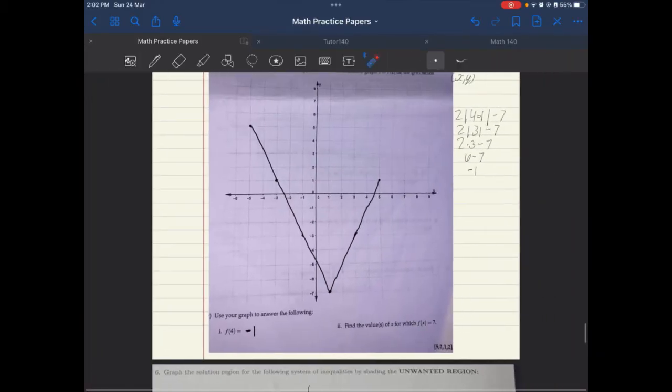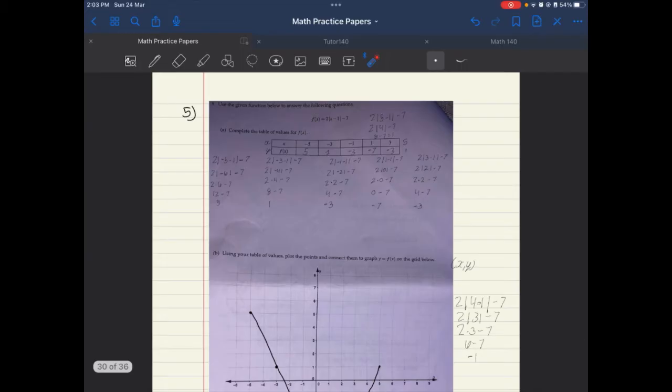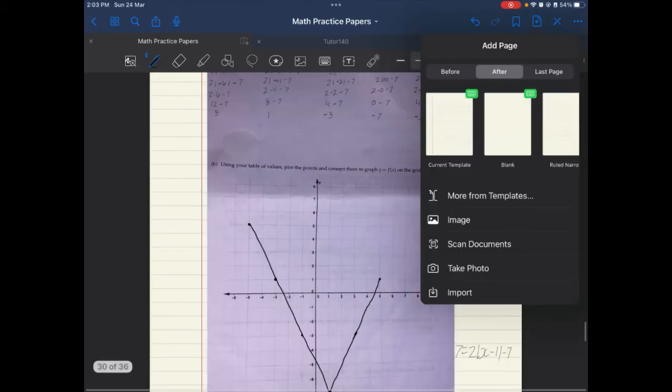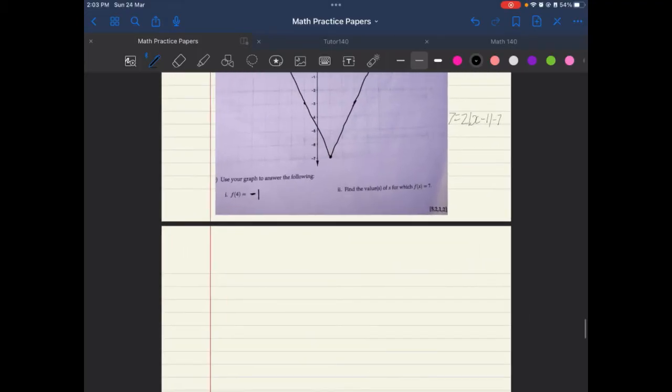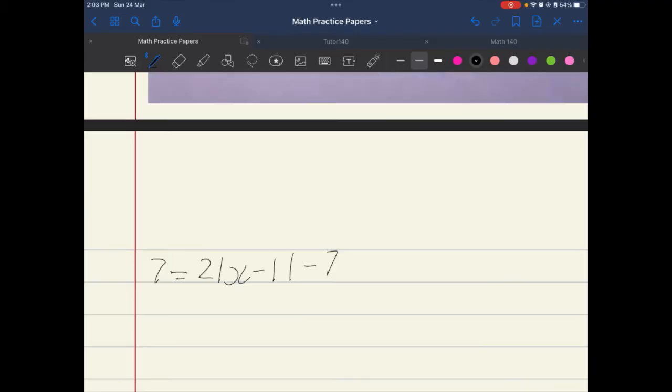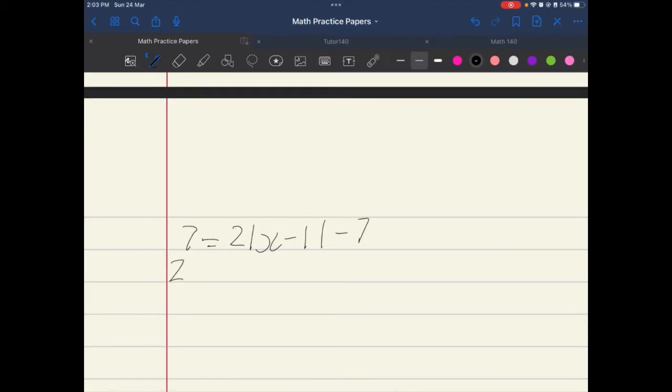To find this, substitute f of x being 7 into the equation. Let's do this on a new page. So 7 equals 2 absolute value of x minus 1, minus 7. Let's rewrite it: 2 absolute value of x minus 1, minus 7 is equal to 7.